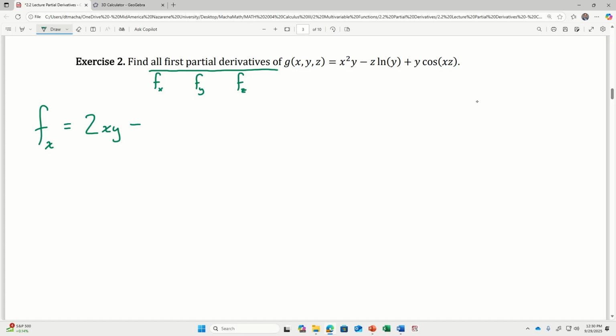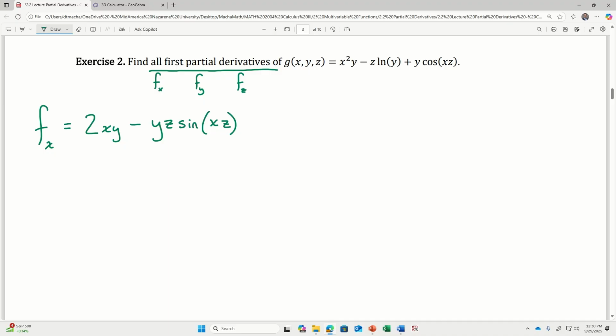This would be minus yz sine of xz. So the middle term doesn't contain an x. So the derivative with respect to x of z times natural log of y is just 0. So the middle term went away.